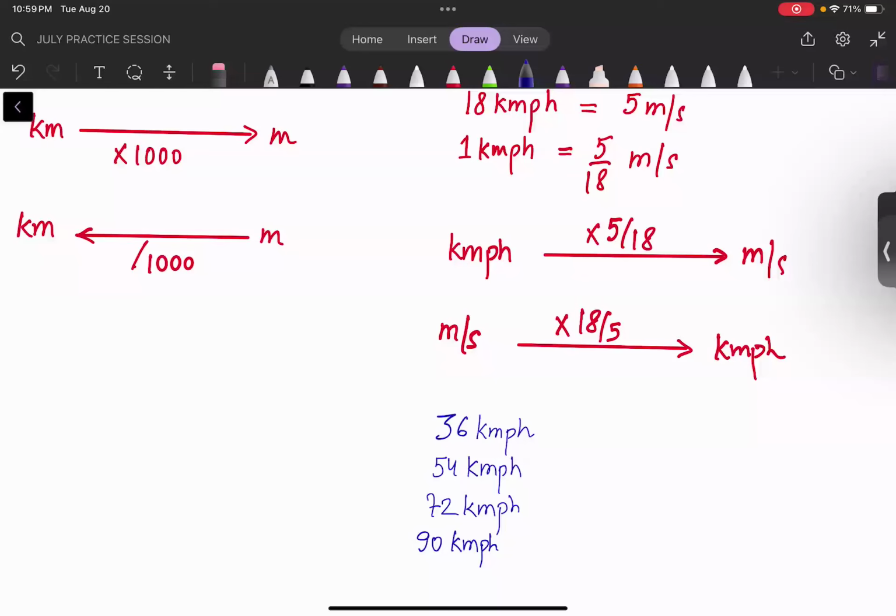If on the left side I am taking multiples of 18, on the right side I will get multiples of 5. So answer, which multiple of 5 will I get here?